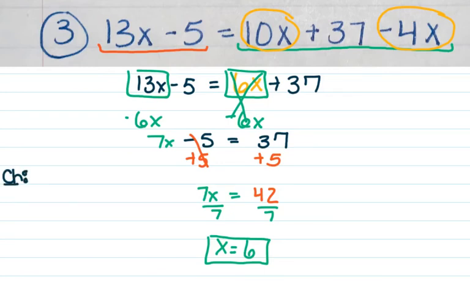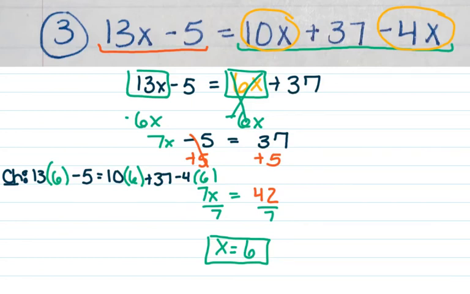Okay, so we have 13 times 6 minus 5 equals 10 times 6 plus 37 minus 4 times 6.